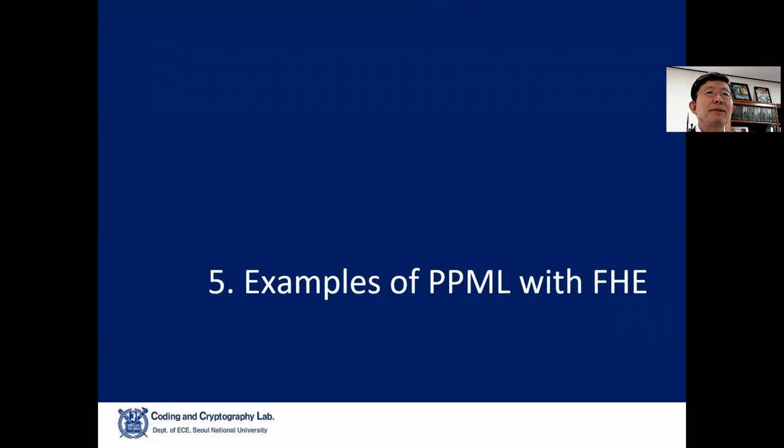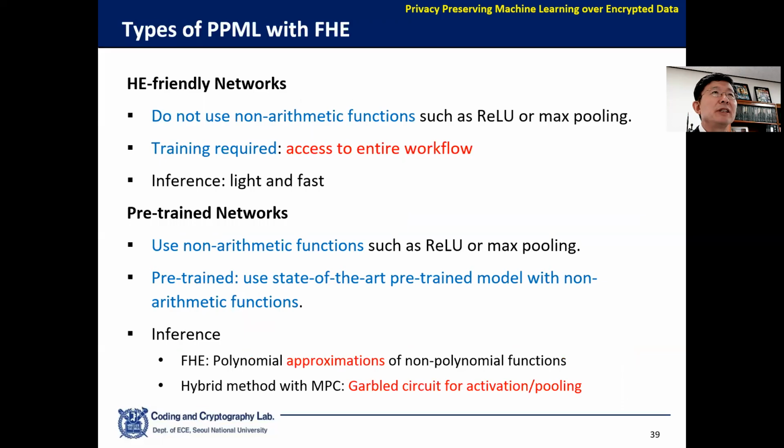Here is the example of PPML with FHE. There are two types of PPML with FHE. First one is the HE-friendly network. It does not use non-arithmetic functions such as ReLU or max pooling, but the training is required, which needs access to the entire workflow. However, inference is easy, light, and fast. Second one is the pre-trained network.